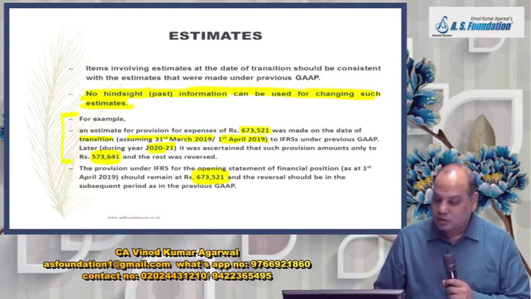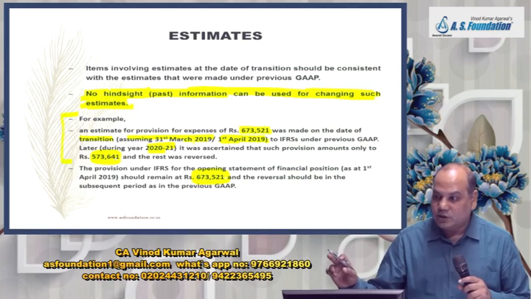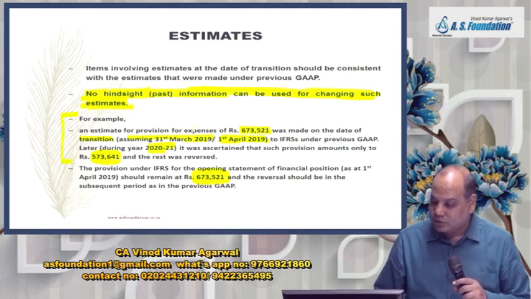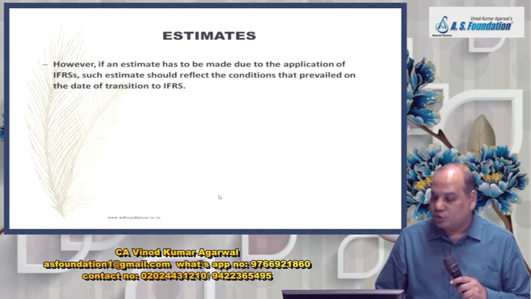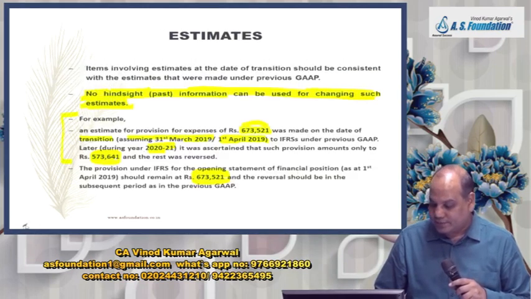But while recording the amount in the date of transition SOFP, you will take this figure only. Okay. And the reversal should be made in the subsequent period as in the previous GAAP. So don't use this figure 573,641 even though you have known till 31st March 21.